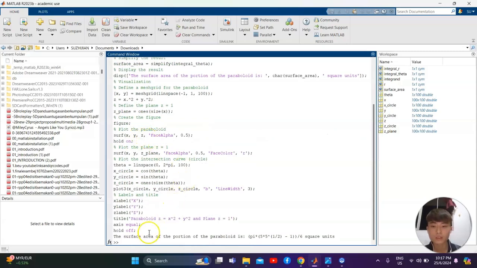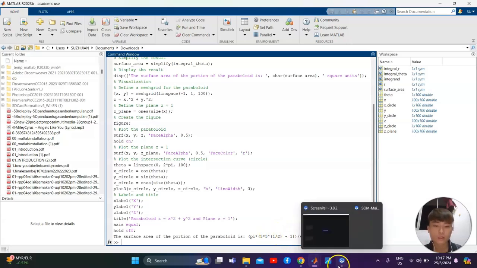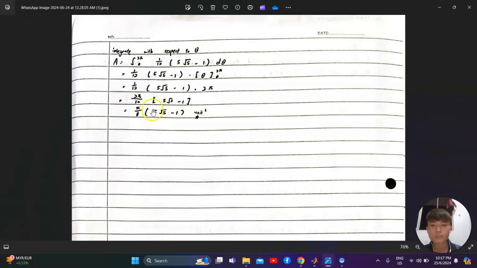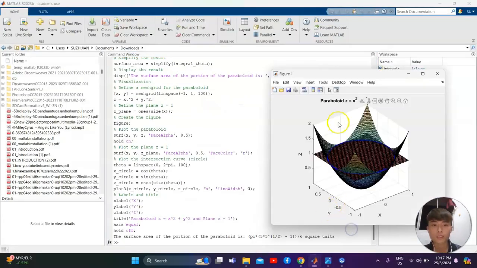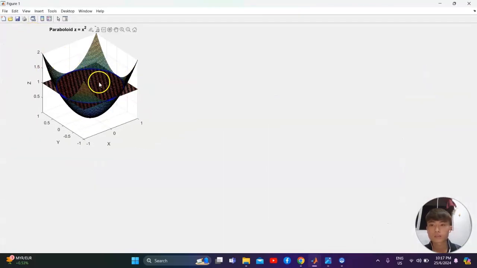After that you get the answer, which is the same as our manual calculation answer. The power 1 over 2 means the square root, which is the same as this answer, and also the figure will become like this.